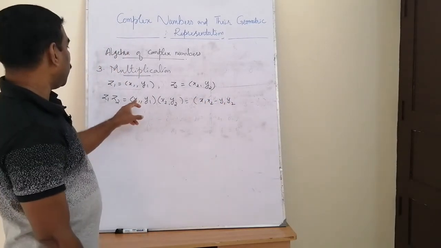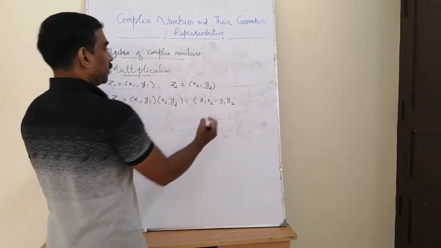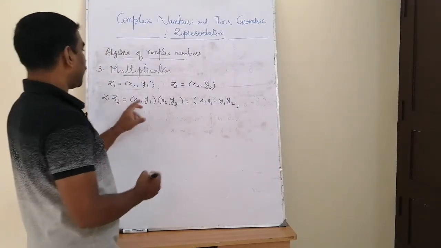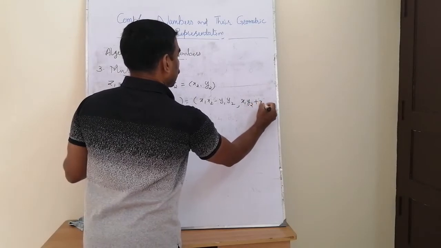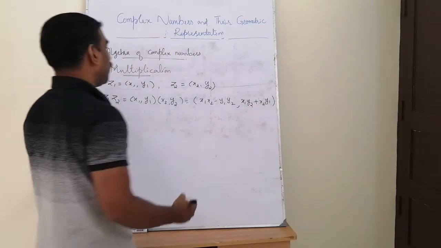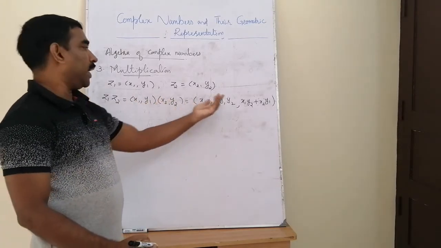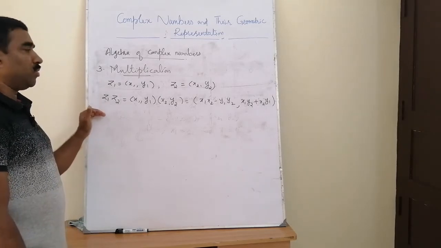That means the product of the real parts minus the product of the imaginary parts is taken as the new real part, and the imaginary part is x1 y2 plus x2 y1. That means we are mixing the real and imaginary parts of the first and second complex numbers together and adding. So this is the definition of multiplication of complex numbers.